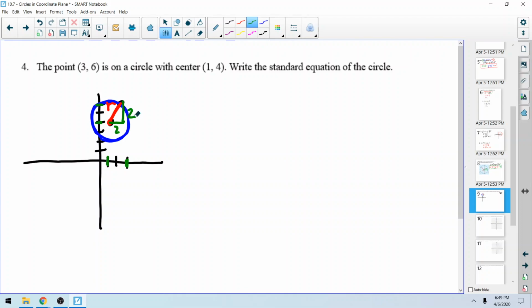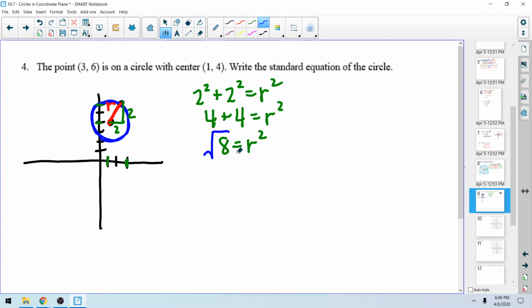Then because you made a right triangle, you're going to use the Pythagorean theorem. 2 squared plus 2 squared equals radius squared. 4 plus 4 equals r squared. 8 equals r squared. Take the square root. R equals 2 root 2. And for right now, I want you to leave that exactly like that. And I'm just checking, okay, yeah, 2 root 2.